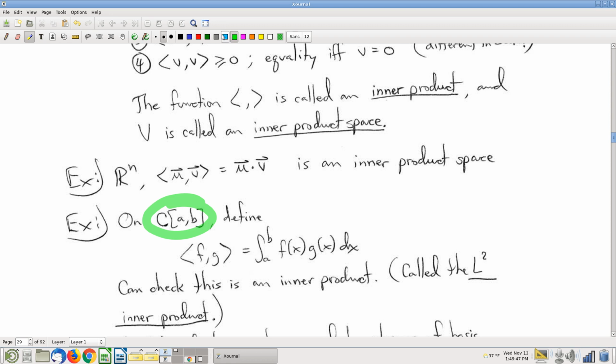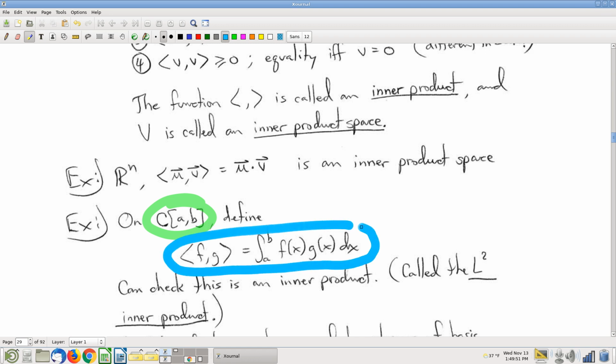The additional operation that we're going to use is this really odd looking at a glance formula. If you give me any two continuous functions, f and g, inside of this vector space, I'm going to compute a real value as follows. Namely, I'm going to take these two functions, I'm going to multiply them to get a product function, then I'm going to do an integral of that product. And that's the formula.